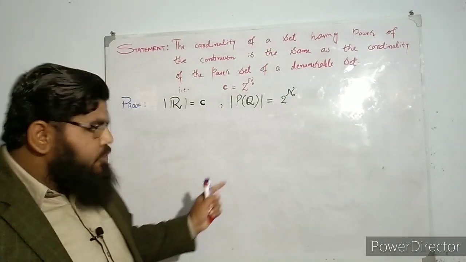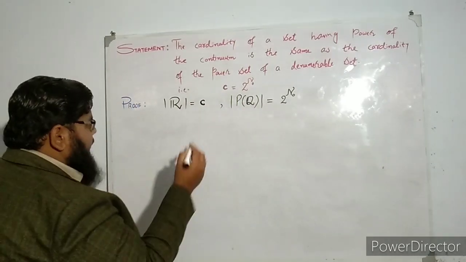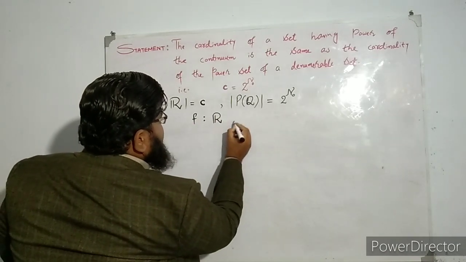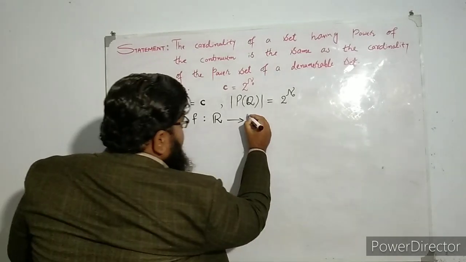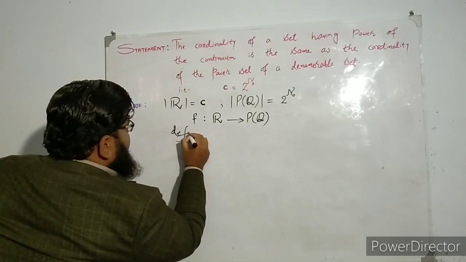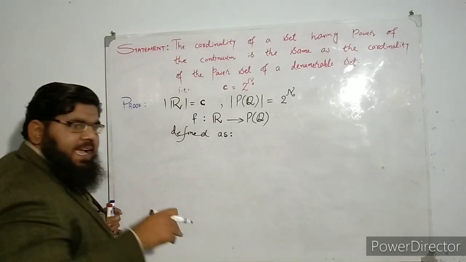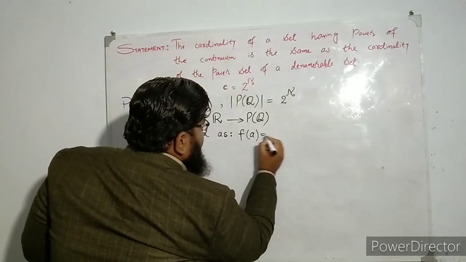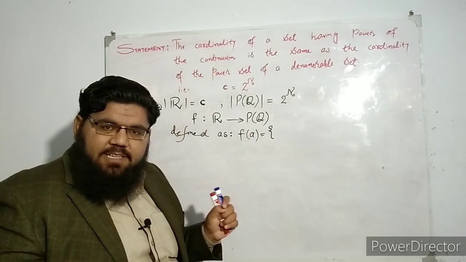So I'm going to introduce a mapping between these two sets, and I call it F. It's a mapping from the set of reals to the power set of rationals, P of Q, and it is defined as follows: if you take any real number A and apply F on it, you will have a subset of rational numbers. And what will be that set of rational numbers?